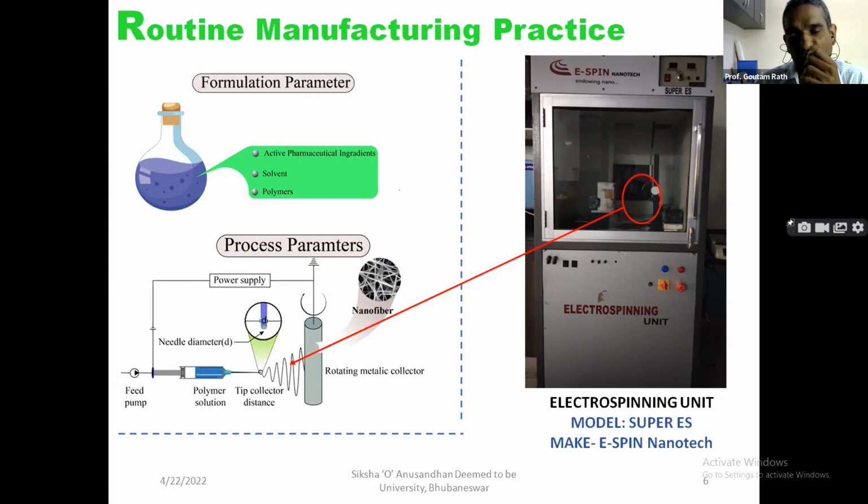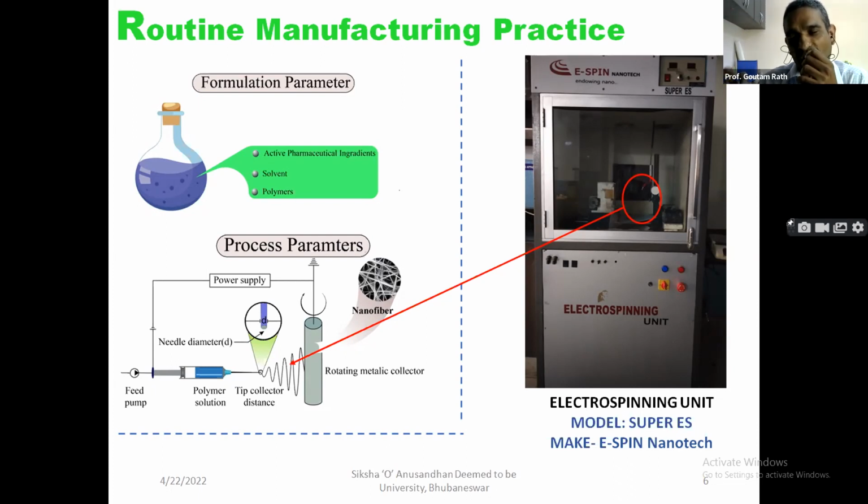But in electrospinning, there is provision to apply up to 50 kV of voltage because we need high voltage so that the applied current should overcome the surface tension.